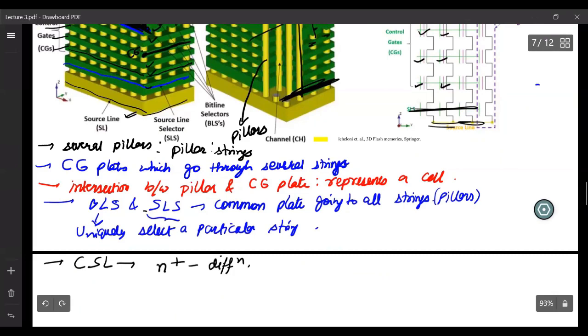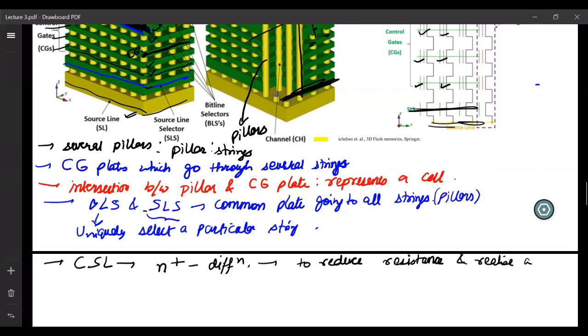You doped it N plus with the help of diffusion or any other process. That is how you reduced its resistance and realized an electrical contact or ohmic contact.